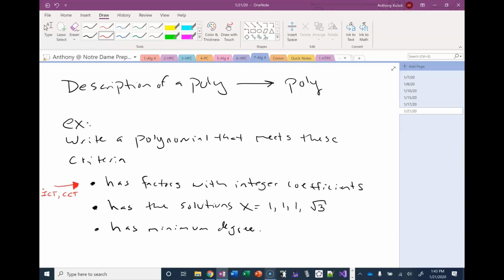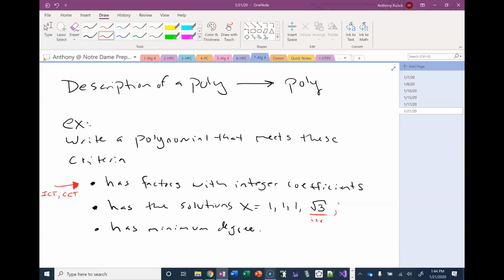The way I'm going to apply that is I'm going to look at my list of solutions, and I'm going to look for any irrational numbers listed there. Do we have any irrational numbers on our list of solutions? We do. The square root of 3. So if the square root of 3 is included, I also need to include its conjugate.